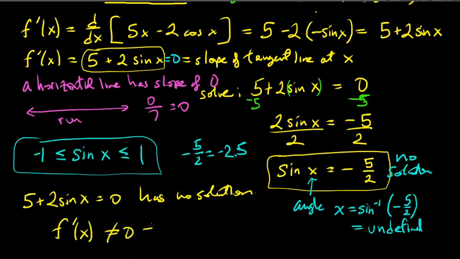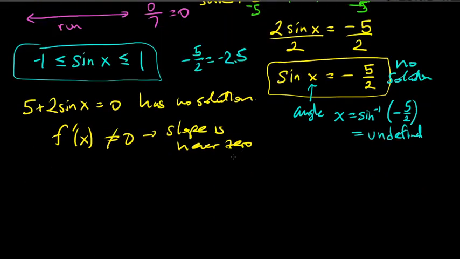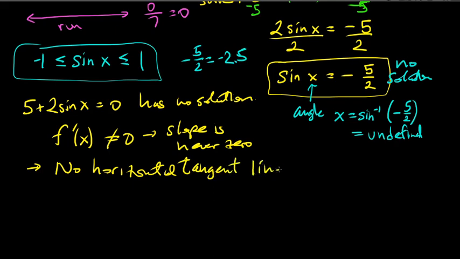Which means the slope of the tangent line is never 0. Which means there is no horizontal tangent line. So no horizontal tangent line.